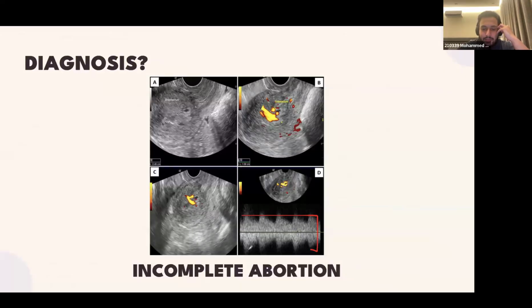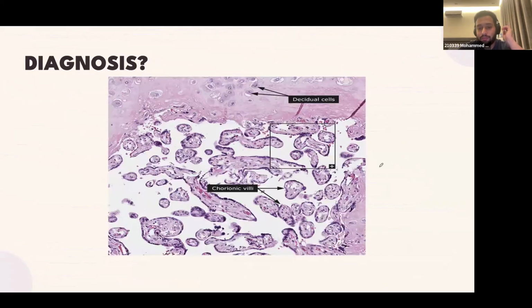This is a bit confusing, but just remember in an incomplete, there's no fetal heart rate, or maybe very minimal because of the remaining fetal tissue, but usually no. Fully dilated cervix, bleeding, hence all of this activity, and absent fetal heart rate, incomplete abortion.